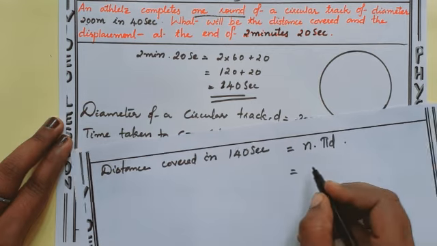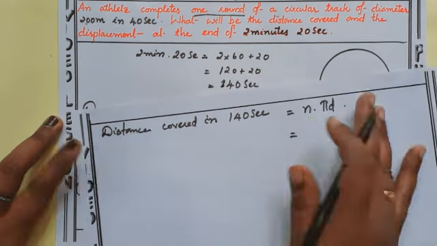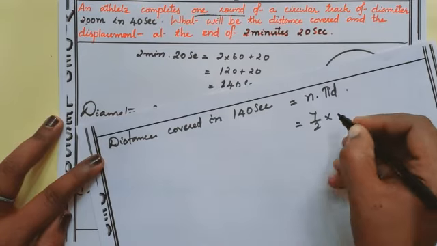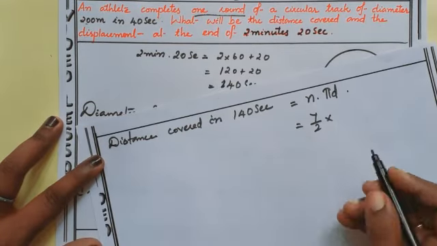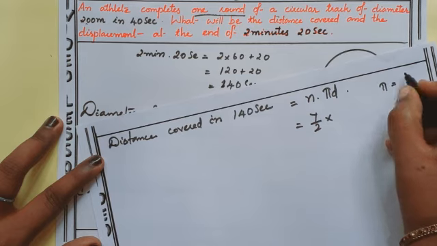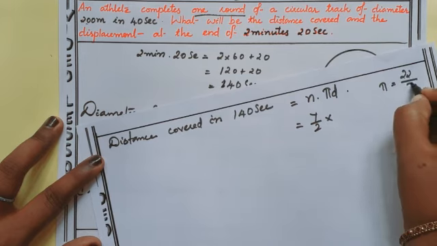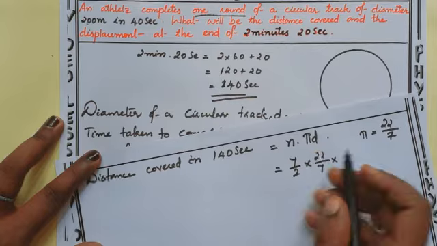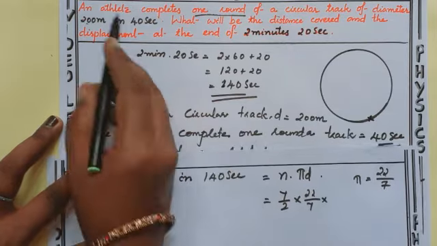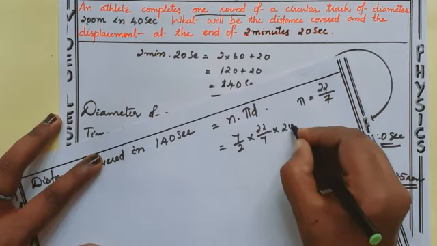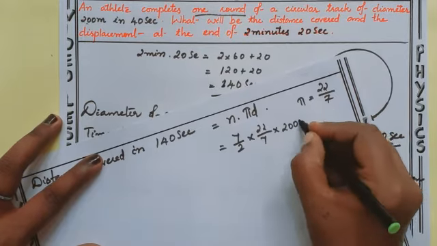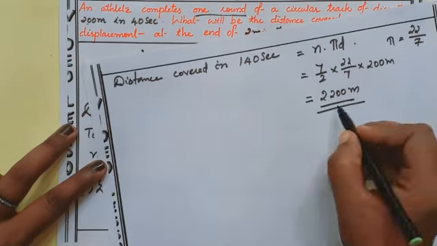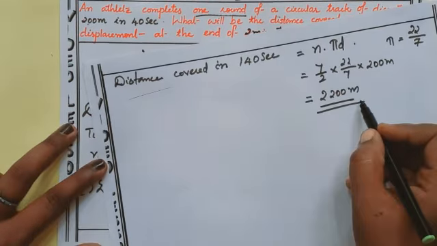How many rounds did he cover? 3.5 rounds, so we can write 7 by 2. 7 by 2 into pi, where pi is equal to 3.14 or 22 by 7. So 22 by 7 into d, where d is 200 meter. Then we get 2200 meter as the distance covered by the athlete.